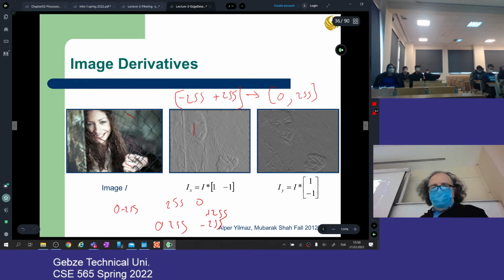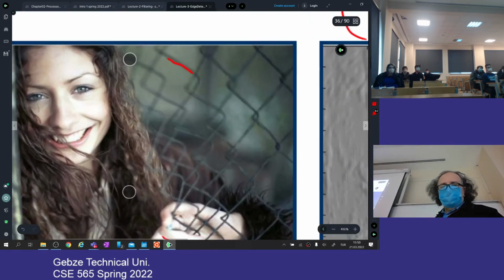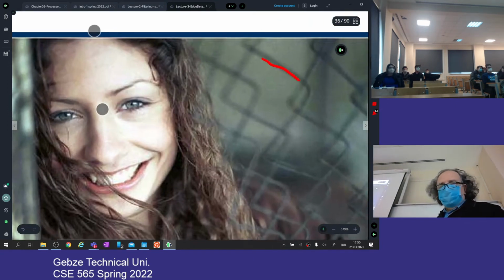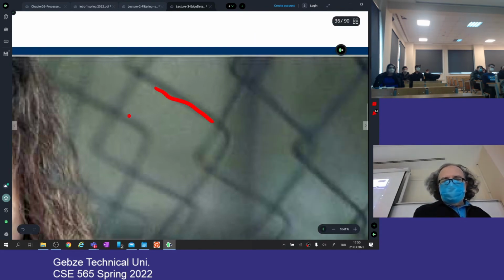That's what I get. When you look at these images, you will say that we are detecting edges, and I don't see any edges there. What is the purpose of the edges? You will say that these are the edge pixels because there is a sudden change in there, right?